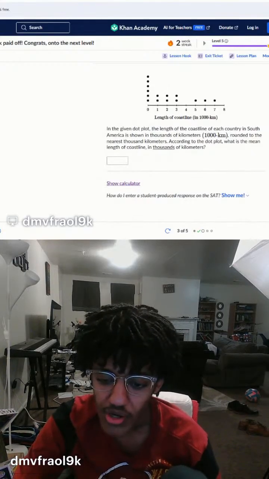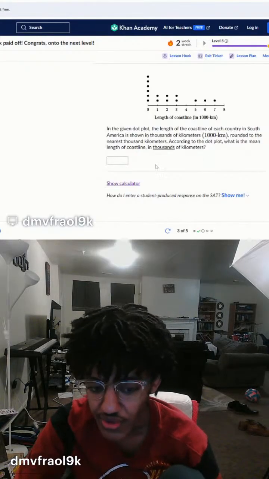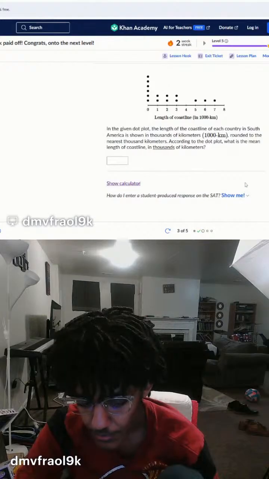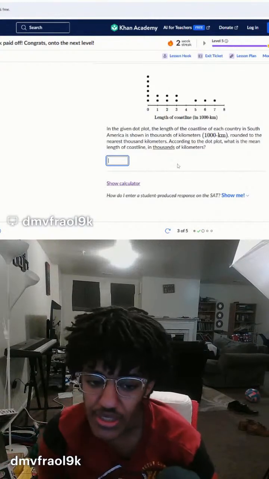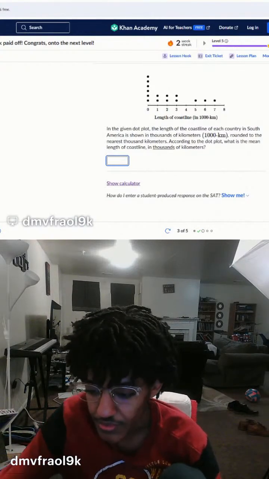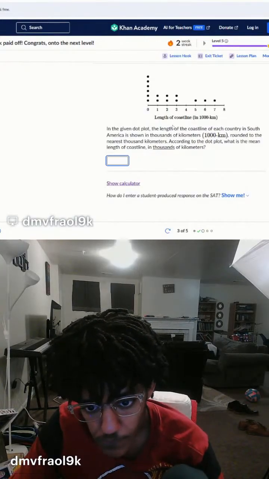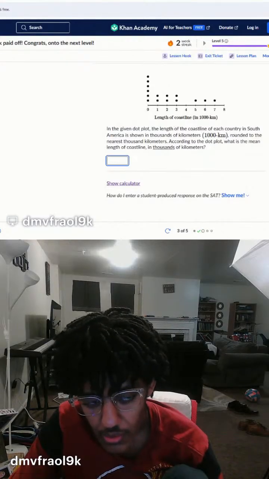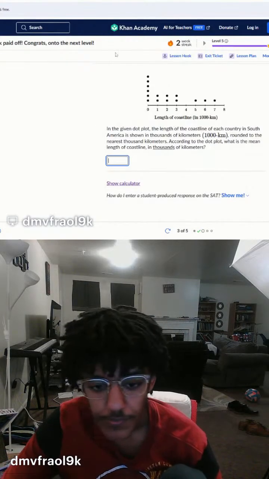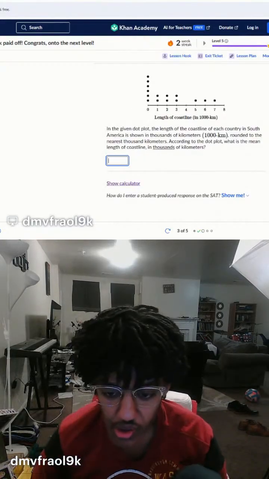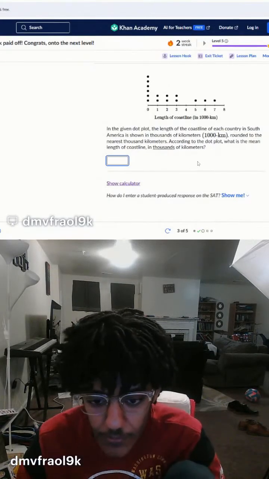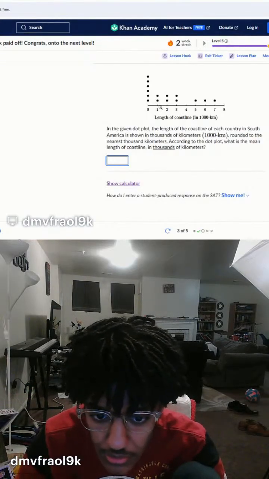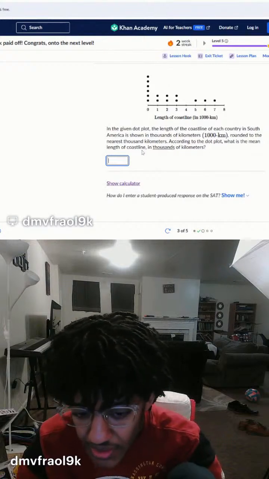According to the dot plot, what is the mean length of the coastline in thousands of kilometers? In the given dot plot, the length of the coastline of each country in South America. What is the mean length? Mean.